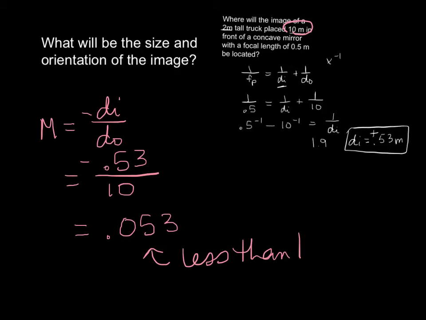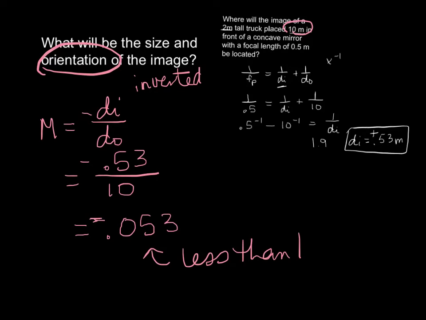And then the orientation. Remember, this is a real image, so the orientation is inverted. Real images are always inverted. We can also tell because our magnification ends up being negative.